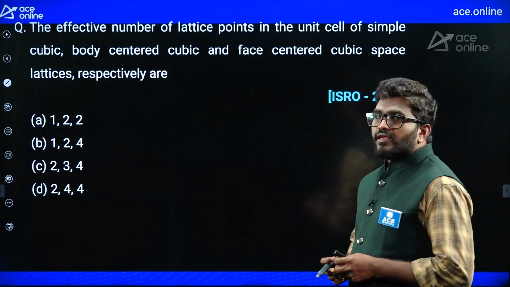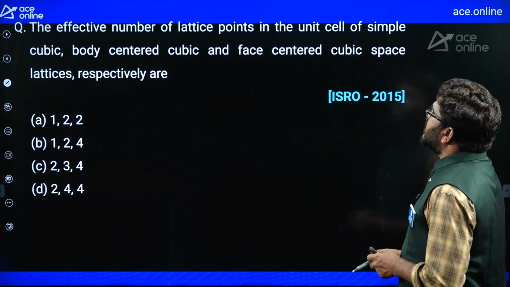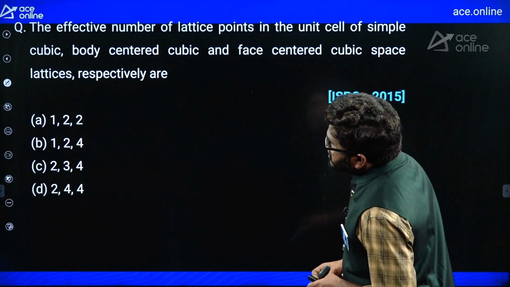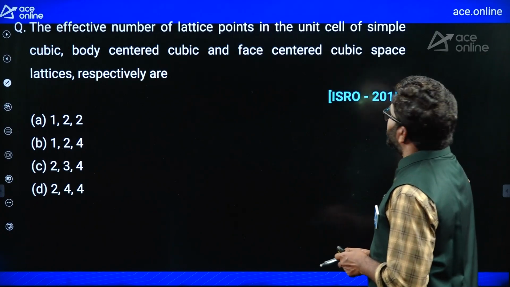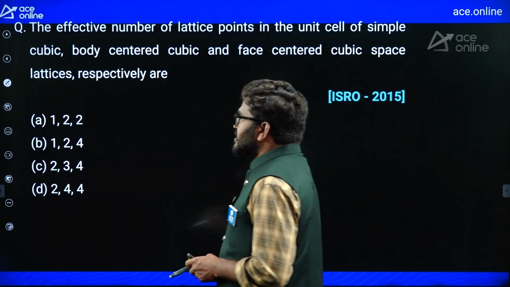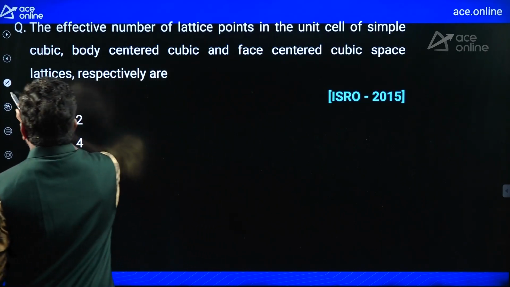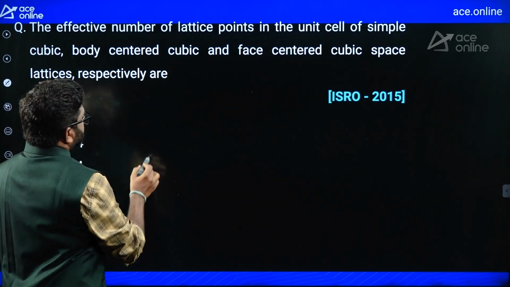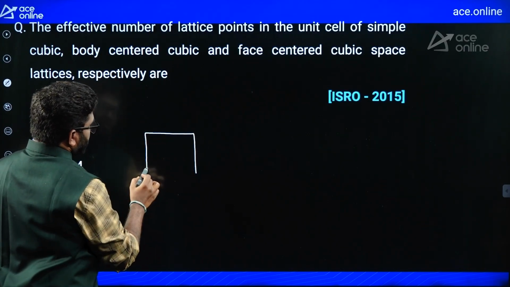Next, the effective number of lattice points in the unit cell of simple cubic, body centered cubic, face centered cubic space lattice respectively. Now see here, let us consider the structure. I will give you the 3 structures here.